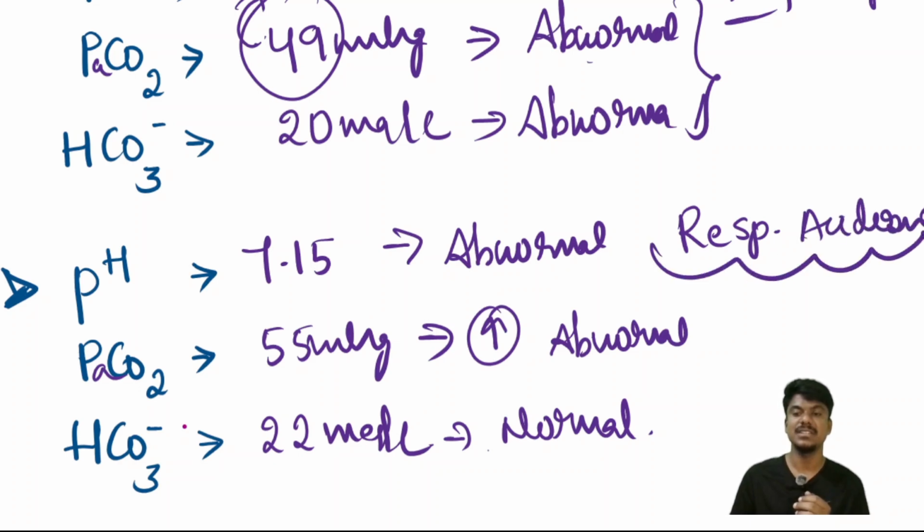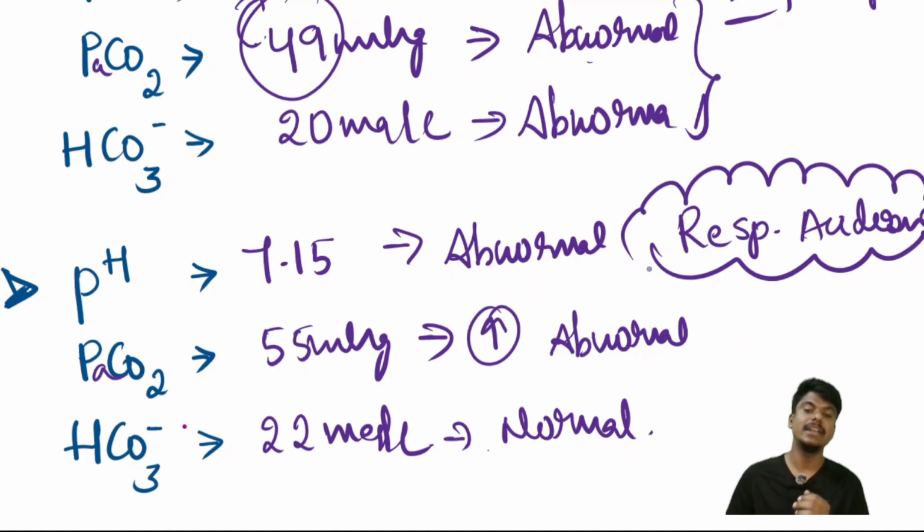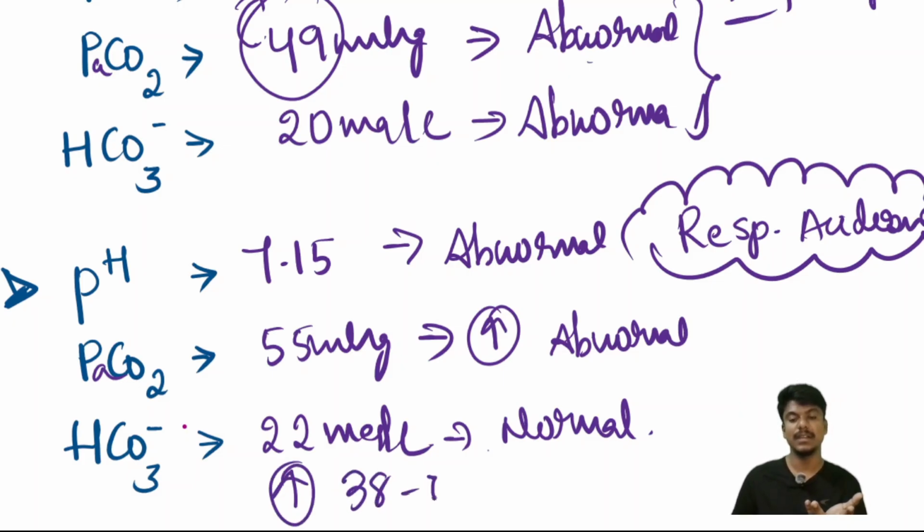For respiratory acidosis, what will happen? Your kidney should work and start to retain bicarbonate. There should be an increased bicarbonate level, increased to 38, 39, 40 and so on. But the kidney is not compensating here. It's not retaining the bicarbonate and not excreting the H plus ion.